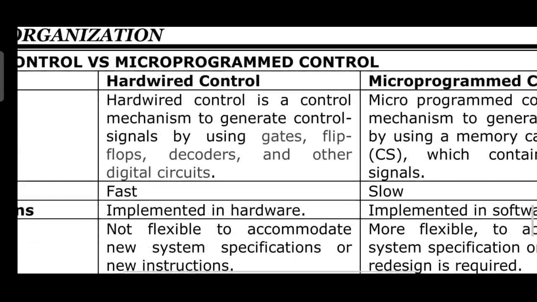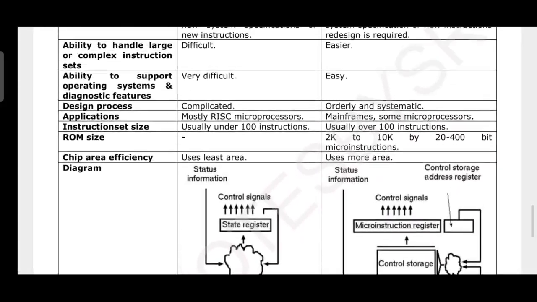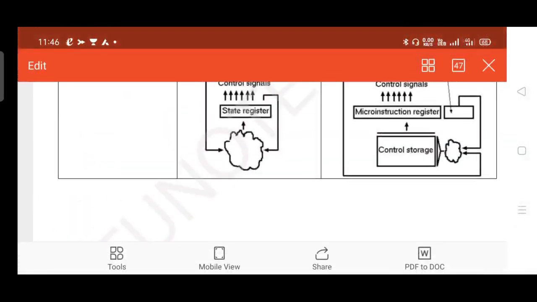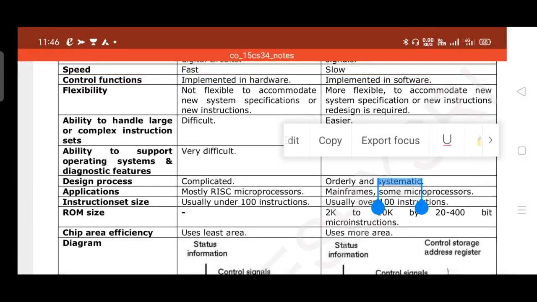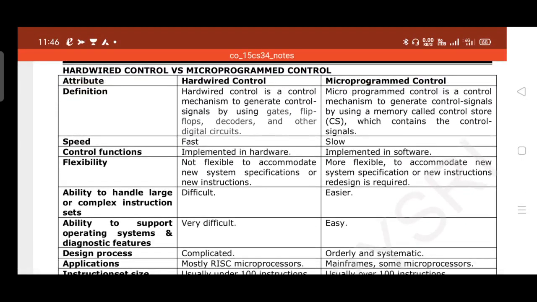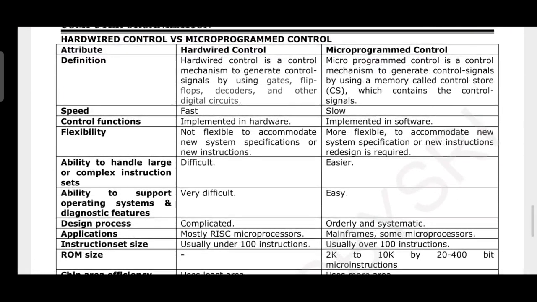We have microprogrammed control as well. Here is the difference between hardwired and microprogrammed control. Please go through the difference table. Compared to hardwired control, we feel microprogrammed control is much easier to implement.